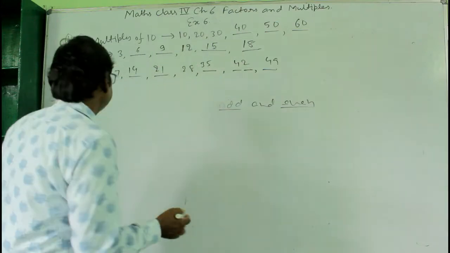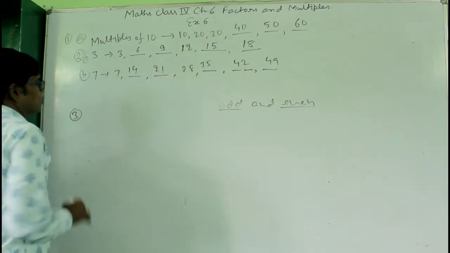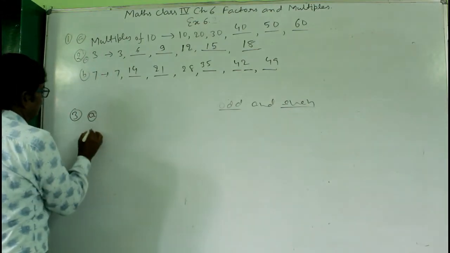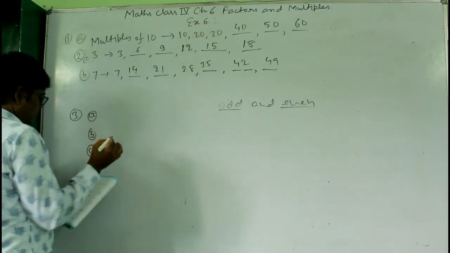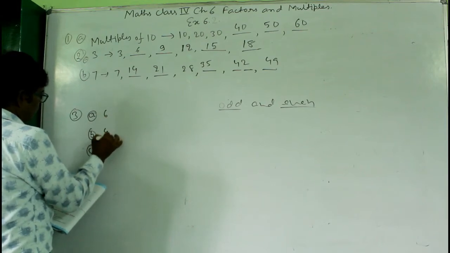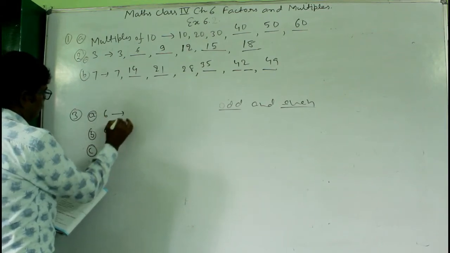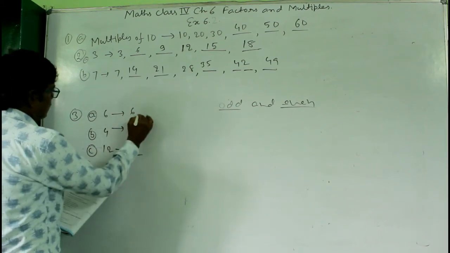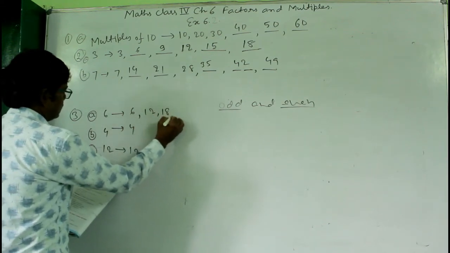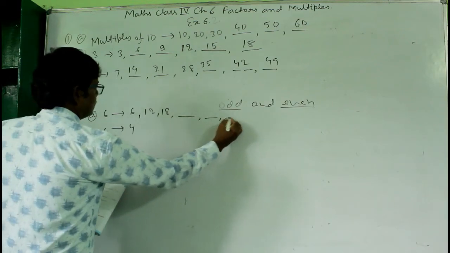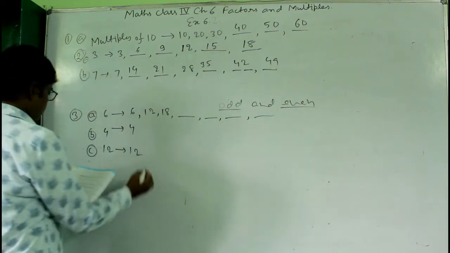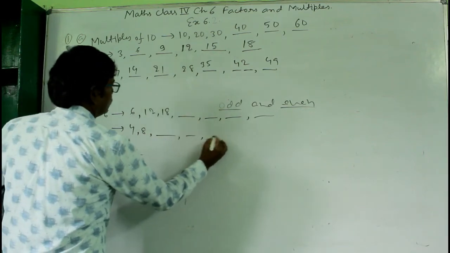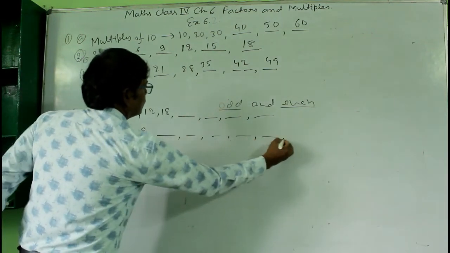Next, question number 3. In question number 3, you have question A, B and C. See here that you have 6, then 4, and then 12. 6, 4, 12, and here you have 12, then 18, then dash, dash, dash, dash, and also here 8, 5, dash, 1, 2, 3, 4 and 5.